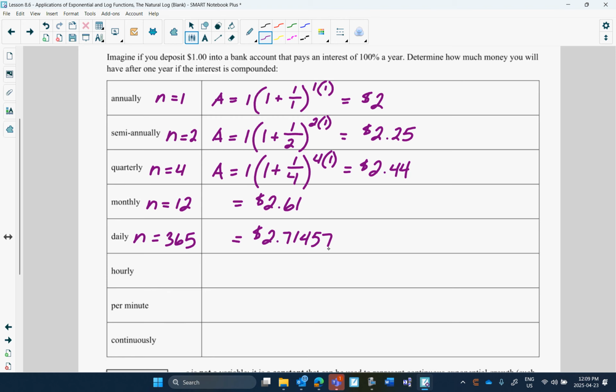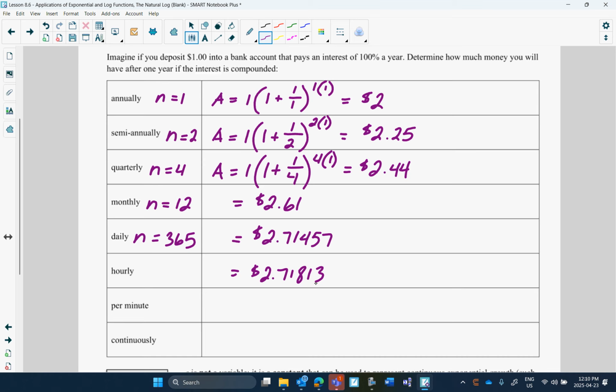Hourly. How many times? 365 times 24 hours in a day. Whatever that is, it's a lot. It works out to 2.71, and then I get 813. So it's still growing. Not very much, though. I mean, I thought it would go higher. Wouldn't that make sense?